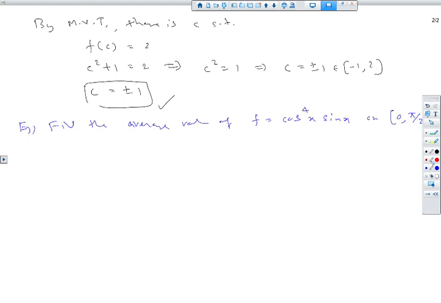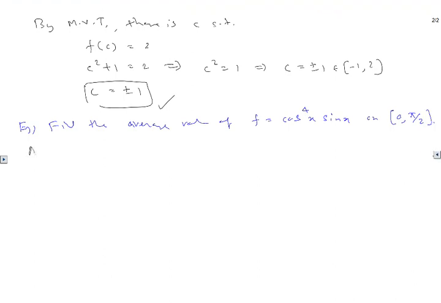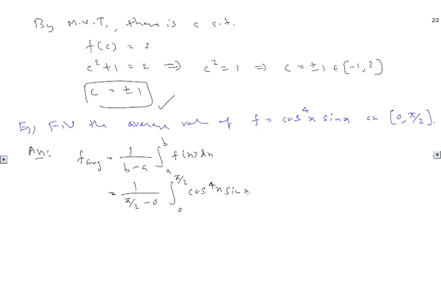Again, by the definition, f avg is 1 over b minus a times the integral from a to b of f(x) dx, which is 1 over pi over 2 minus 0, and then the integral from 0 to pi over 2 of cosine 4x sine x dx.